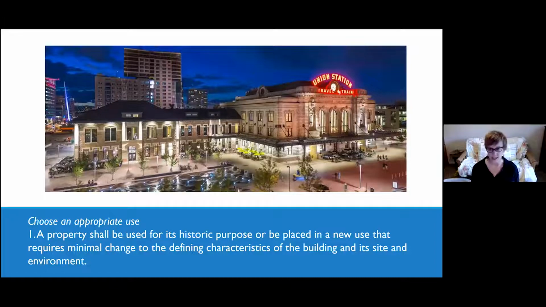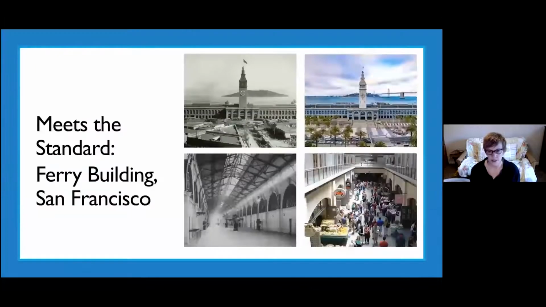Still the key exterior features, but also that key central atrium area has been retained. So you can still go in and get a sense of the historic volumes and spaces and all the original decoration and style of the original train station. Another project that would be considered to meet this standard is the Ferry Building in San Francisco, converted from a ferry terminal into a food market.